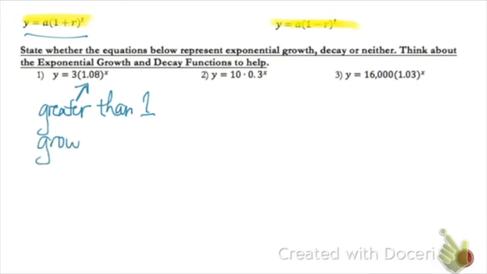So in number 1, y equals 3 times 1 plus 0.8 raised to the x. Now you don't have it quite in the form 1 plus, but if this number is greater than 1, that means that 1 has been added on to the rate, and so it is a situation of growth.